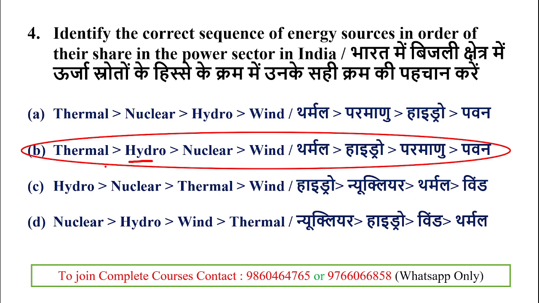So you can remember it as THNW. That is THNW. The T is the highest contribution to the power sector in India, that is thermal and hydro, and NW is nuclear and wind. You can remember it like that, so you won't forget it in your exam.